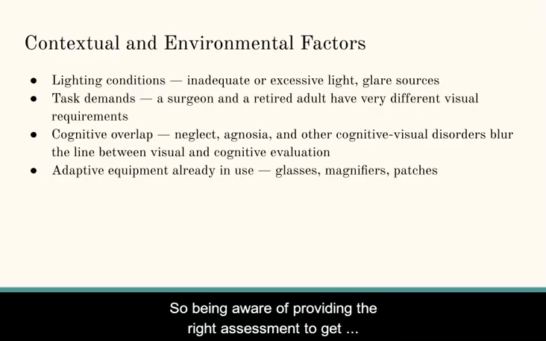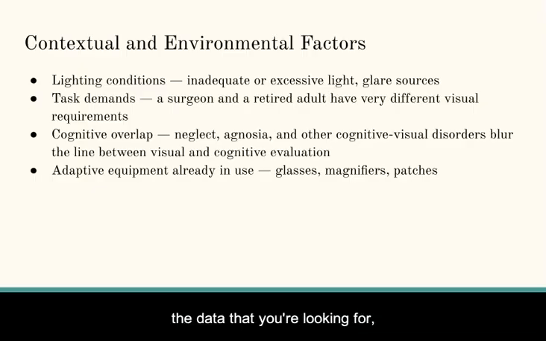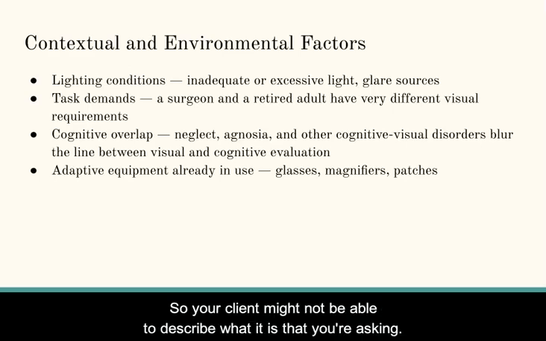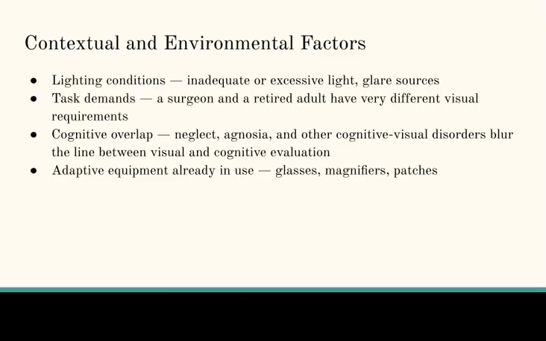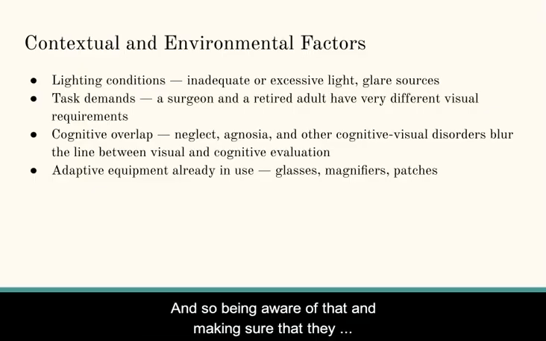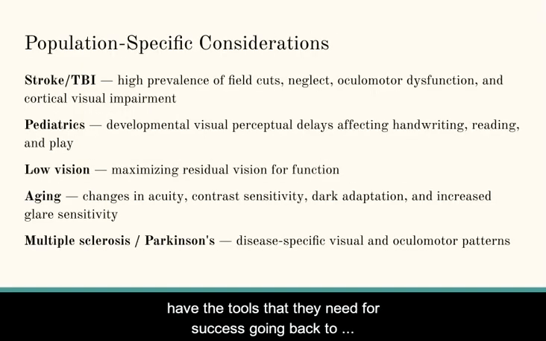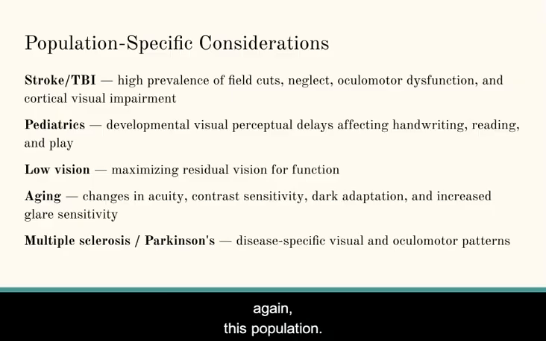So being aware of providing the right assessment to get the data that you're looking for. There might be a cognitive overlay, so your client might not be able to describe what it is that you are asking, and so being aware of that and making sure that they have the tools that they need for success. Going back to, again, this population-specific considerations.